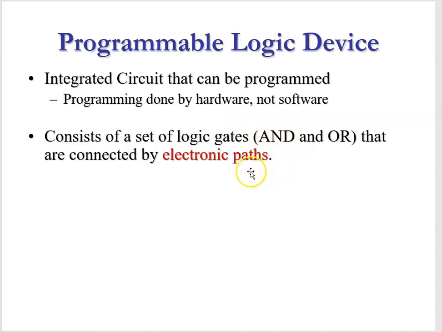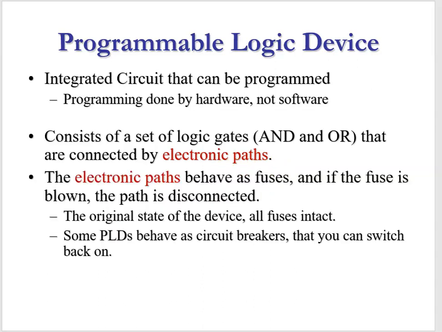We have these electronic paths, these AND and OR gates, and these memory types of cells. The electronic paths behave as fuses. If the fuse is blown, the path is disconnected. Originally, all the fuses are connected, so all the electronic paths to the AND and OR gates are intact. Some of the programmable logic devices behave as circuit breakers. So once you disconnect a path, you can reconnect it again. You can switch it back on.